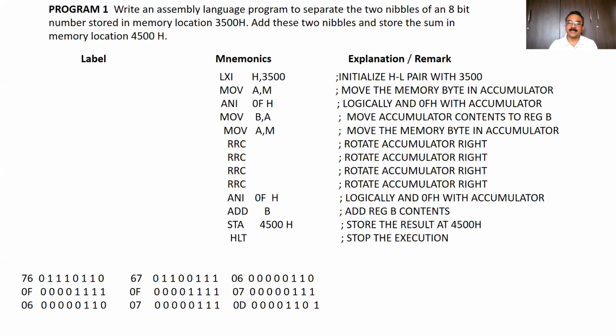And secondly, since it is an addition of nibbles, nibble meaning 2 digits of a given byte, no carry counter is required here. Okay, so this is the program where we don't require any counter.